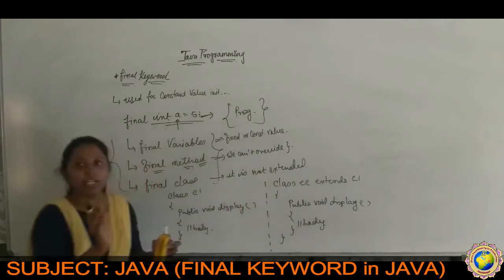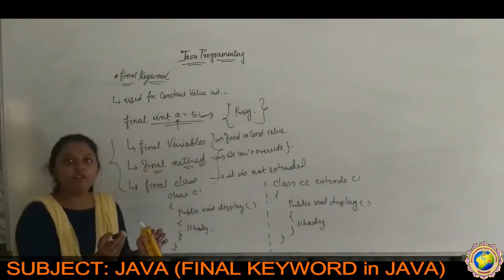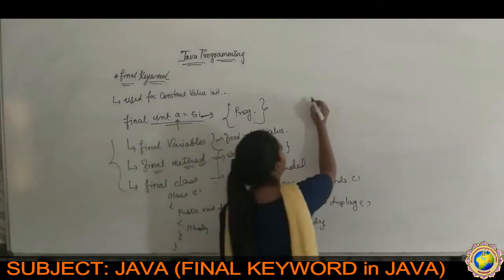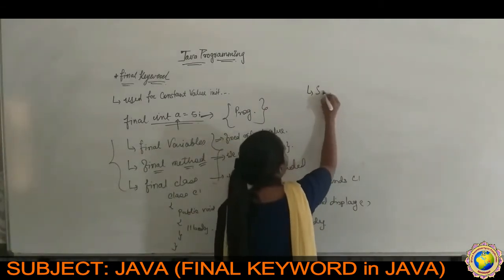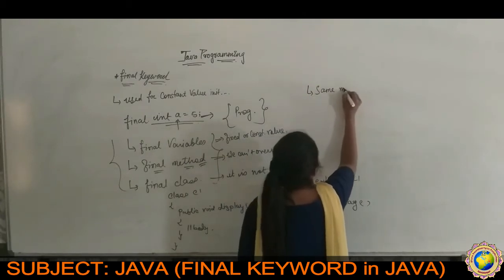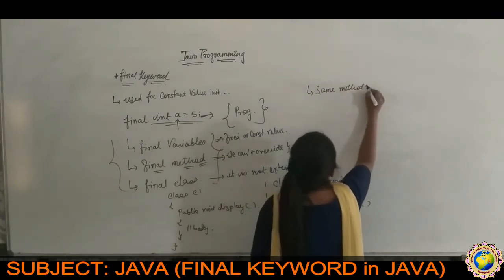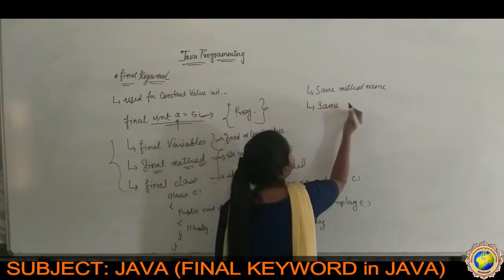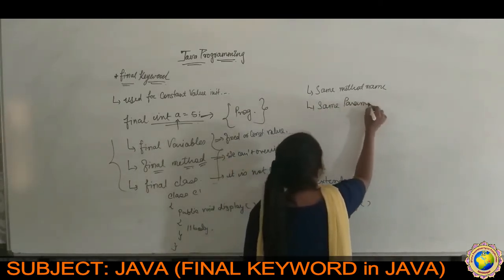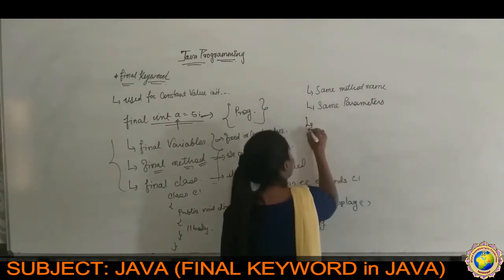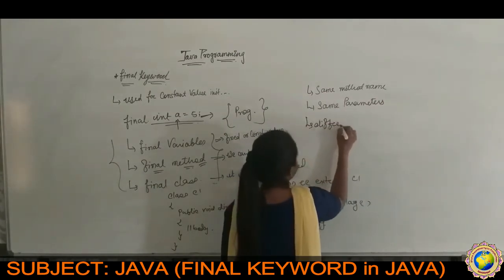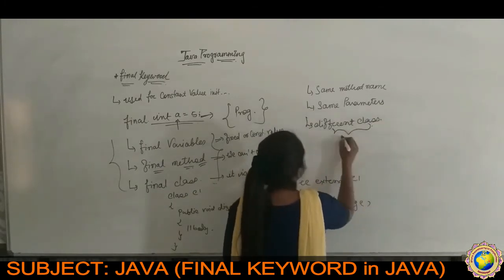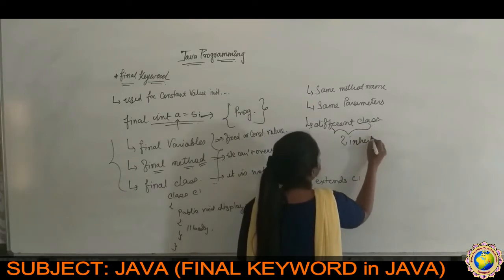So ultimately this is the example of method overriding. We have already seen method overriding: same method name, same parameters, but different class, and this class to be inherited.